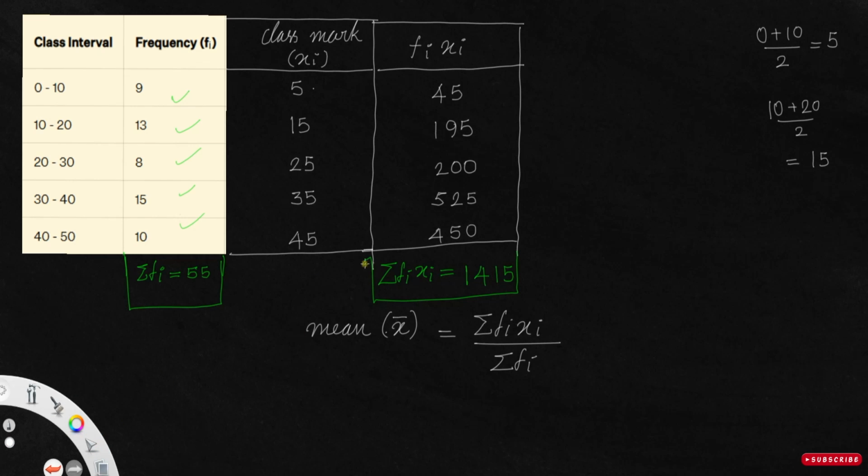Now I can put these values in the formula, so x bar equals sigma fi xi, which is 1415, divided by 55. So the answer will be 25.727, or you can round that to 25.73. So this is the way we find the mean in the direct method.